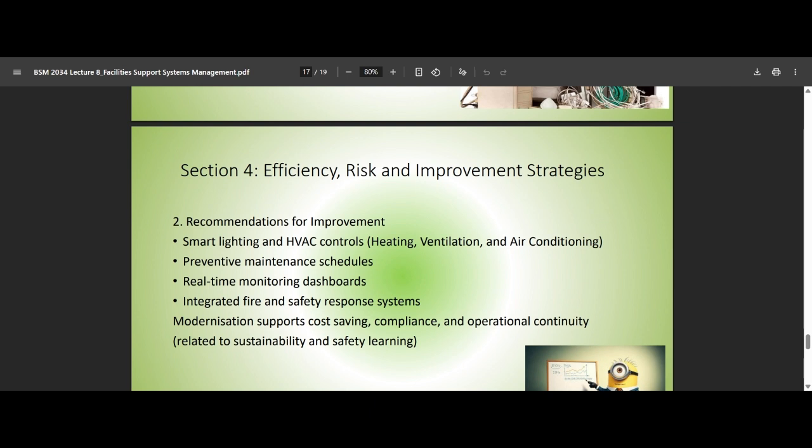You do not have to monitor every hour; monitoring every week or every month will be sufficient. But temperature, you may require real-time. Then we can also have integrated fire and safety response systems.